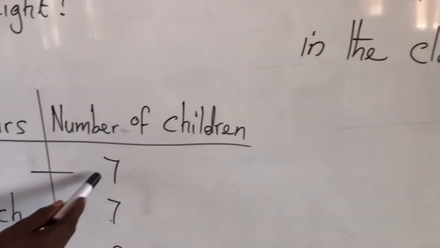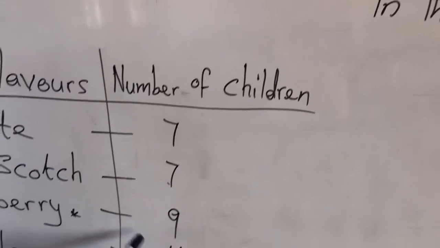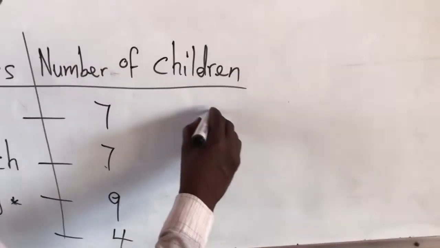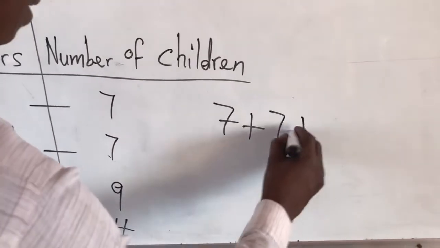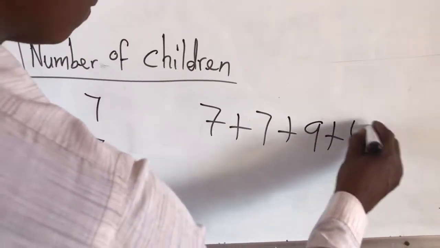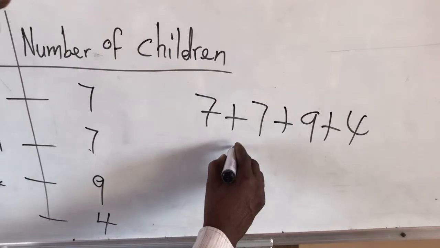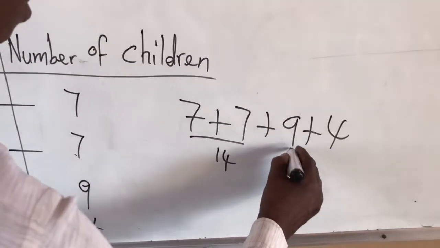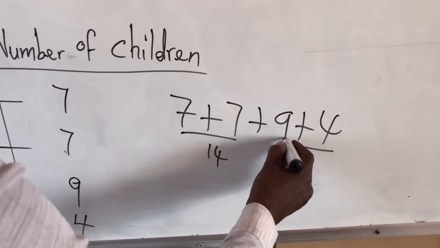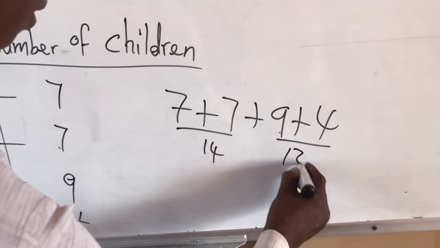Then you add 7 plus 7 plus 9 plus 4. 7 plus 7 is 14. 9 plus 4 is 13.